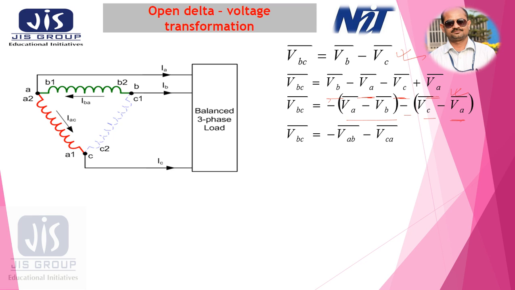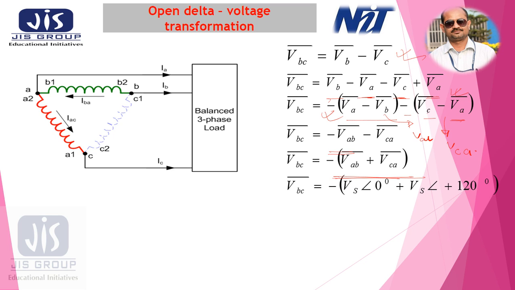So this is minus VAB, and VC minus VA is VCA. So prior to this there is a minus sign. So VBC equals, if we take the minus sign common, VAB plus VCA.